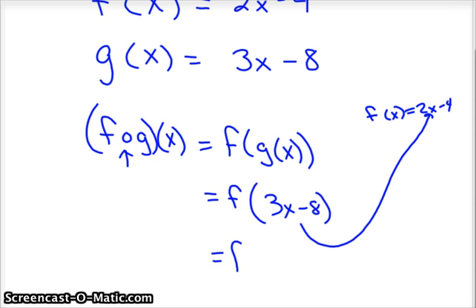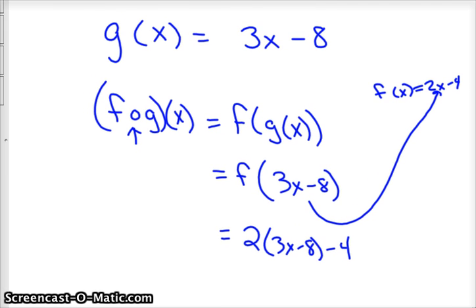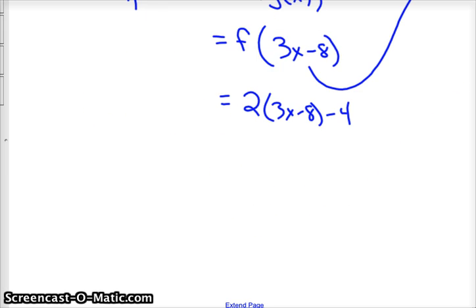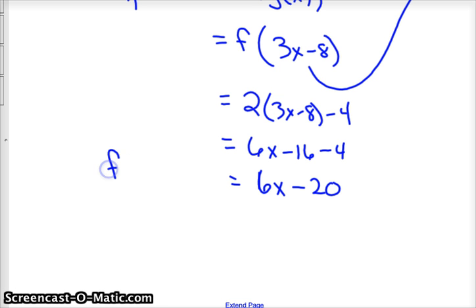So you would have 2 times (3x minus 8) minus 4. Simplify it, and that's 6x minus 16 minus 4. So your new composed function is 6x minus 20, and that is the composition of f at g at x.